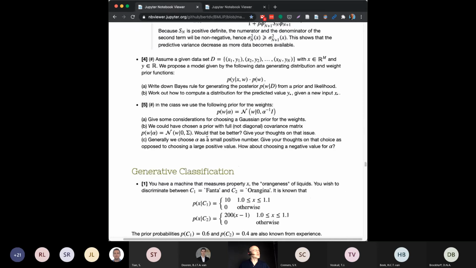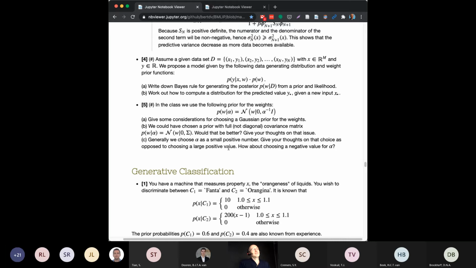Now let's go over C. Generally we choose alpha to be a small positive number. Give your thoughts on that choice, as opposed to giving a large positive value. I just gave some considerations. By making alpha small, you let the data come in quicker, right?